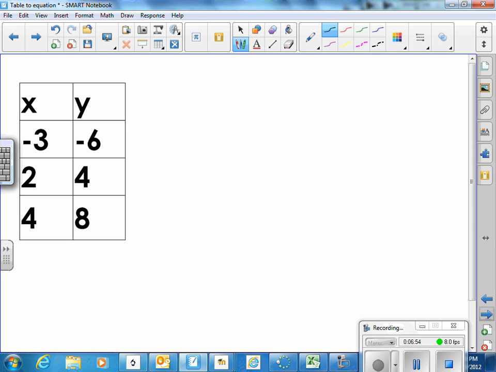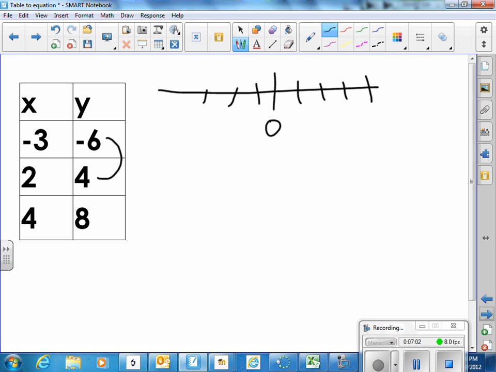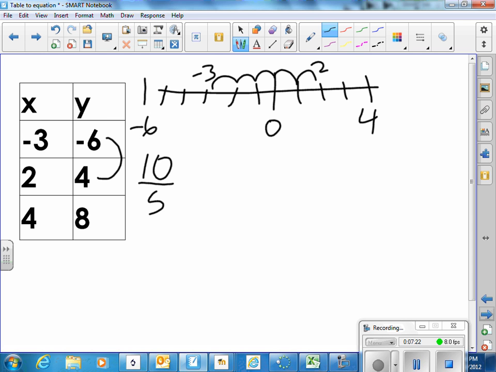The difference between 4 and negative 6 on a number line is 10. So 4 minus negative 6, that's looking for a difference, is 10. And going from 2 to negative 3, that's a distance of 1, 2, 3, 4, 5. 10 divided by 5 is 2. So the slope of that line is 2.